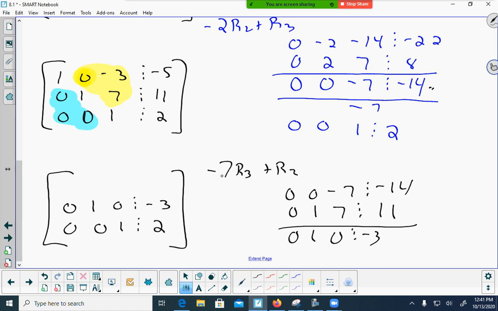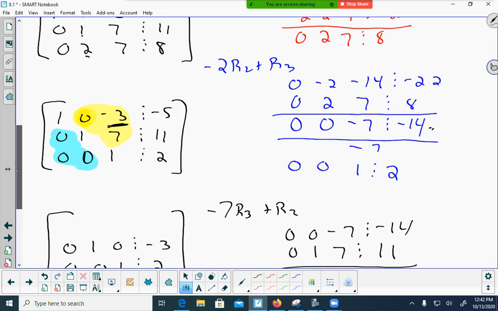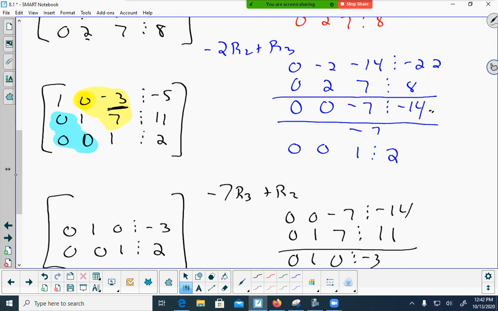I now need to make this -3 a 0. How am I going to make that -3 a 0, Kevin? See how that -3 is in column 3? I'm going to use row 3. So what do I have to do? Multiply it by 3.